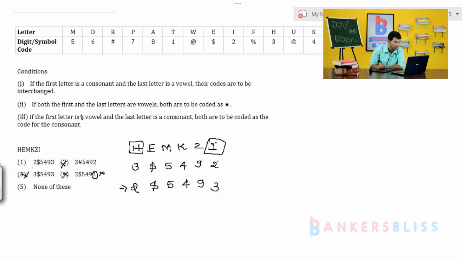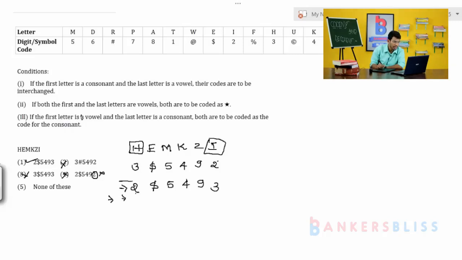What is remaining? Only option 1. 2 is there, dollar is there, 5 is there, 4 is there, 9 is there, 3 is there. 2 matches, dollar matches, 5 matches, 4 matches, 9 matches, and 3 also matches. What is the answer? Option number 1. Is it clear?